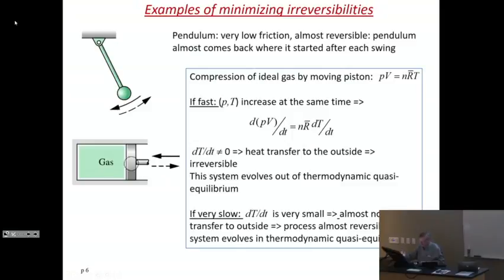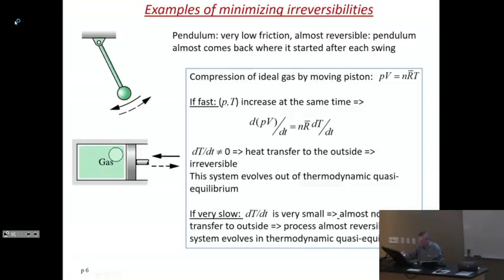In other words, you'll have a d(PV)/dt, which is nR dT/dt, since the number of moles and the gas constant are constant. So if you push really fast, you're going to have a high dT/dt. That dT/dt must be positive.